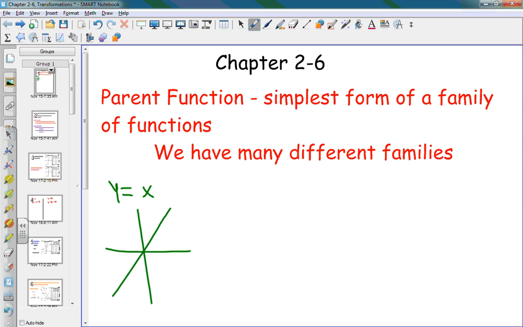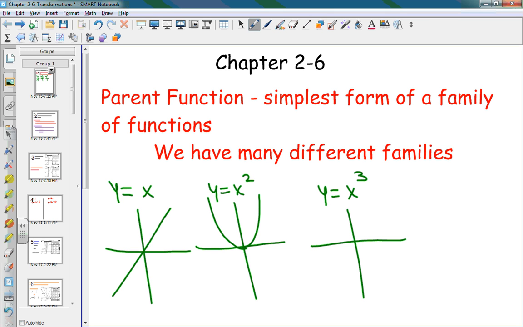The next one is the U Club, also known as the very stylish parabolas. Then the next family is a very special family.